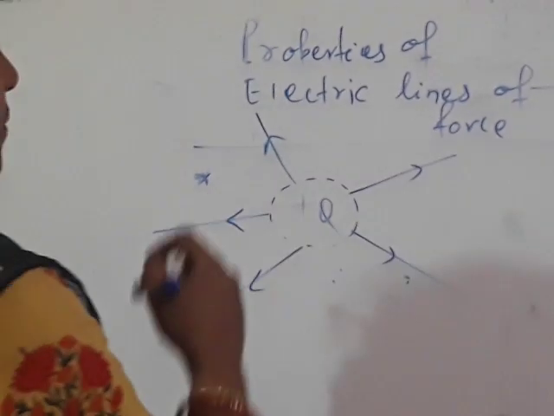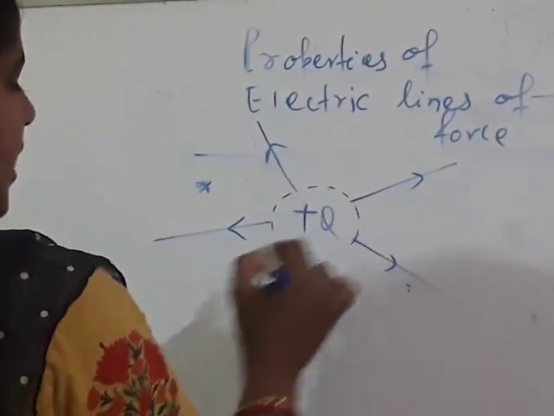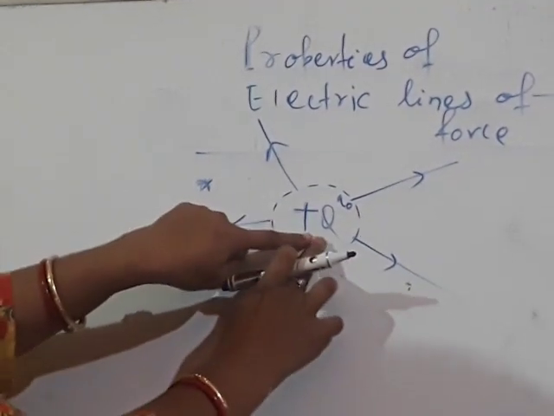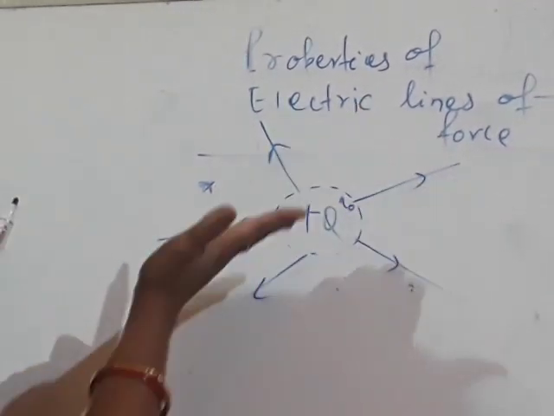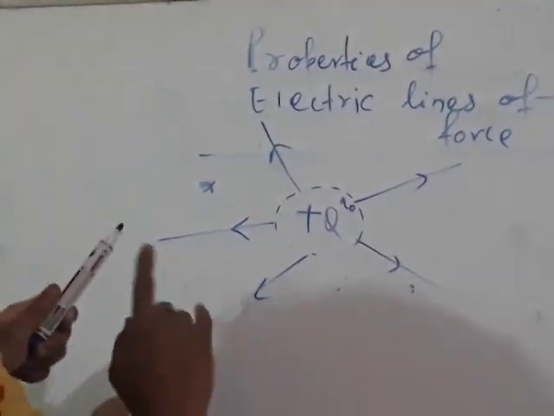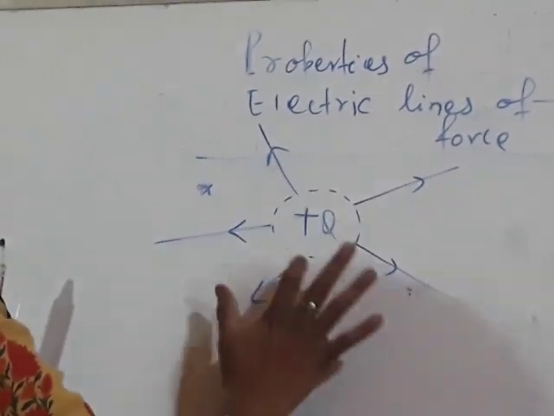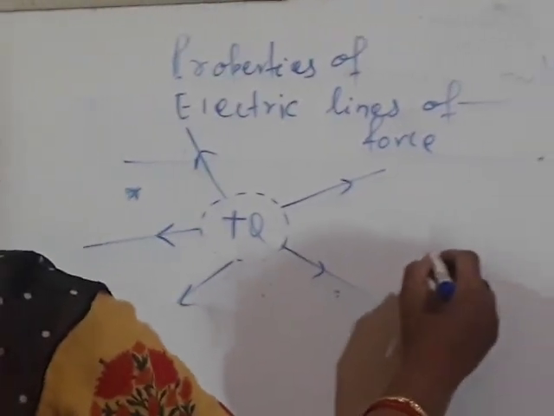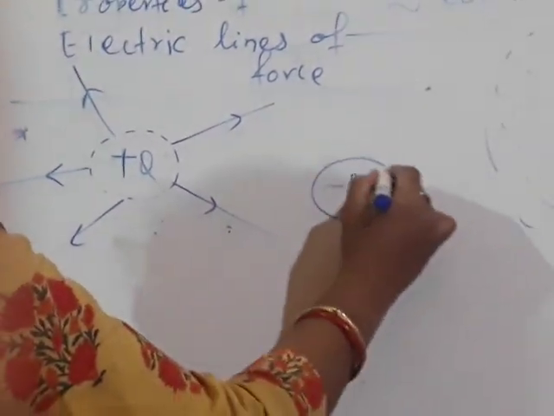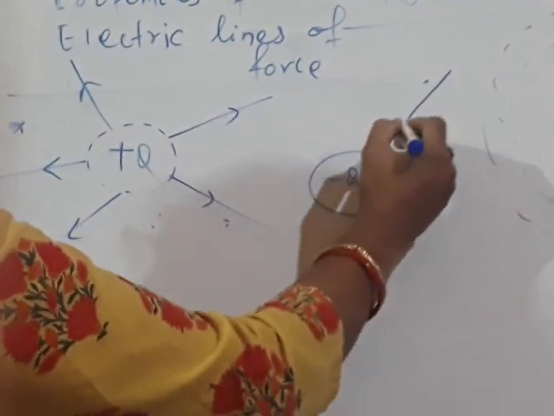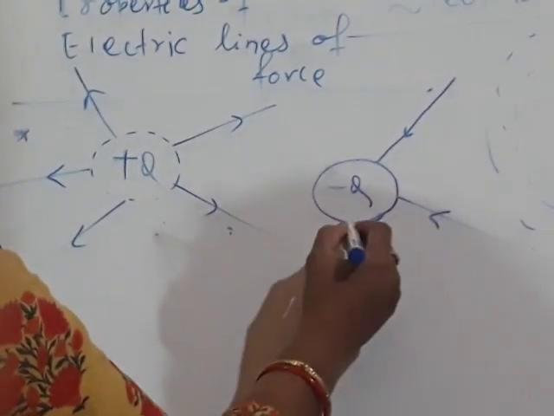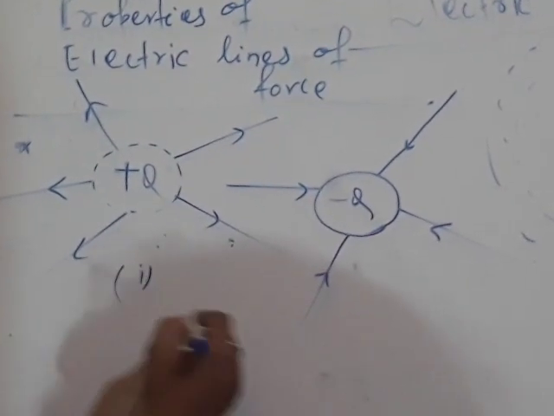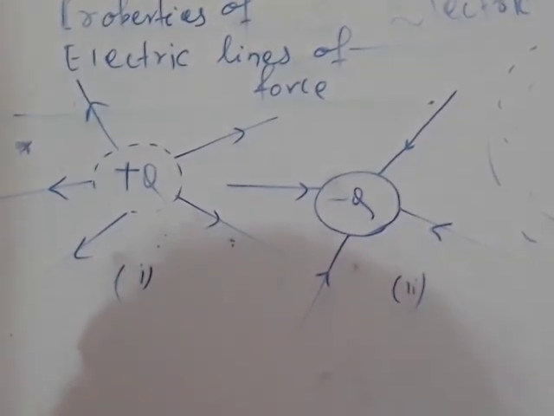How is it possible? If plus q charge is here and we put a test charge q0 here, this plus q charge repels the charge q0 outward. So the lines of force from plus q charge go outward. And if we place a minus q charge here, then the lines of force move towards the negative charge.